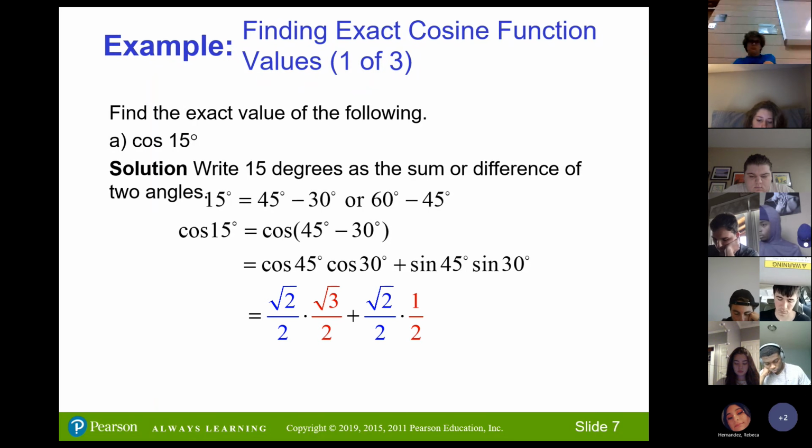And now all you've got to do is finish it. I think y'all can finish it. So I'm going to let y'all finish it. That right there is a test question.